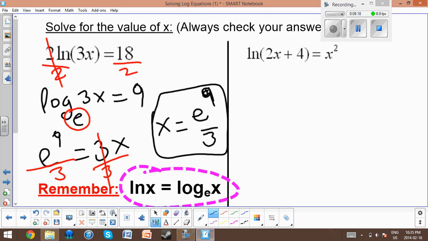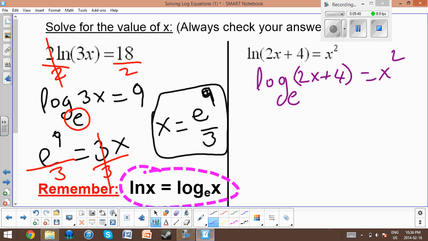On the next problem, once again we have an ln, a natural logarithm, and I always would like to see what that really means. It's really log base e of (2x plus 4) equals x squared.